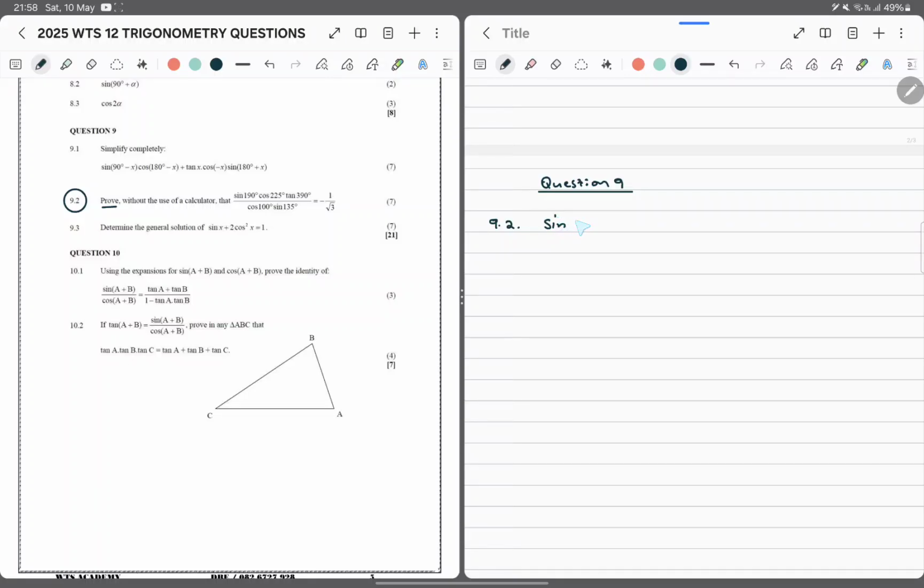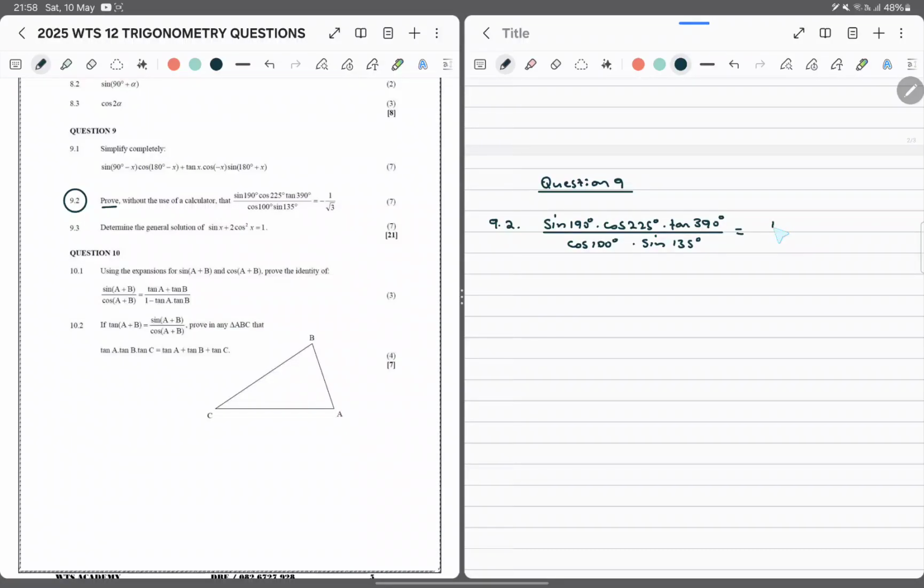So we've got sine of 190 degrees times cos 225 degrees times the tangent of 390 degrees, all divided by cos of 100 degrees times sine 135 degrees.